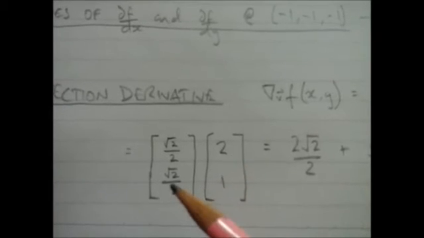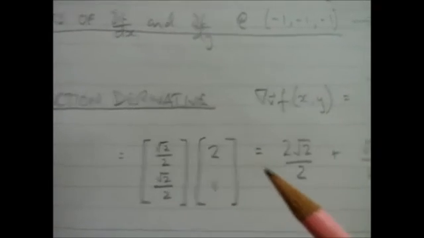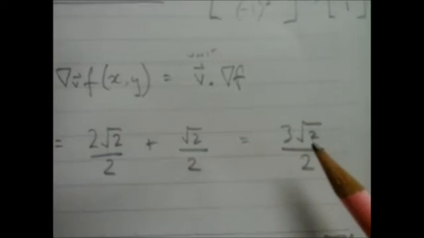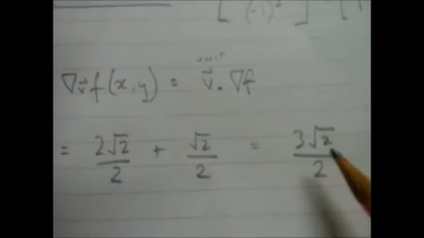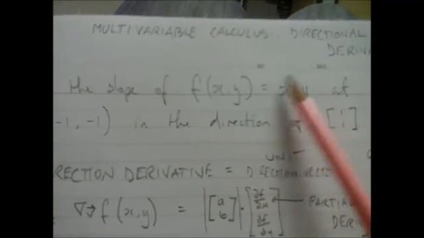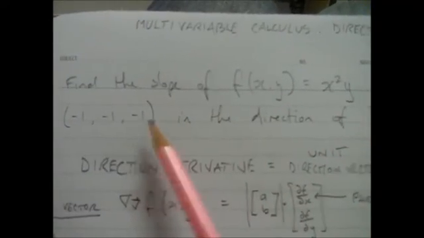So the gradient in this direction, it's a dot product, gives 3 root 2 over 2. There you go. That final number, 3 root 2 over 2, is the gradient of this function at that point in that direction.